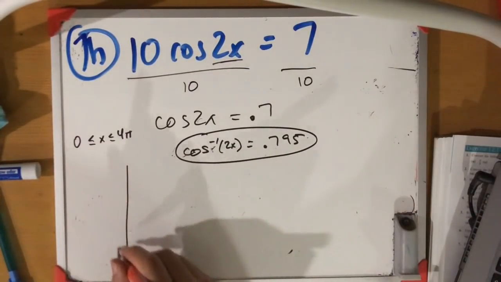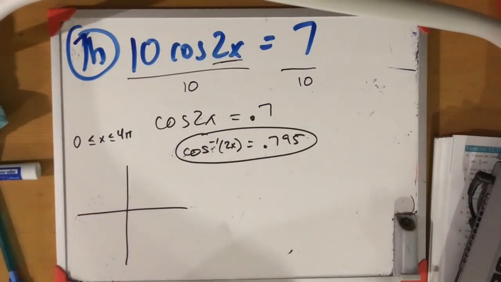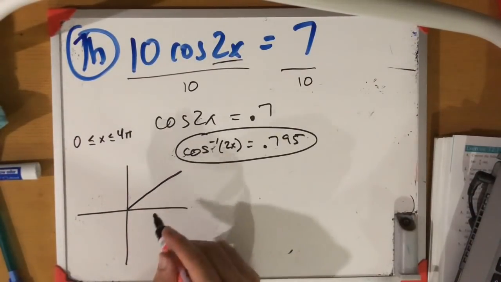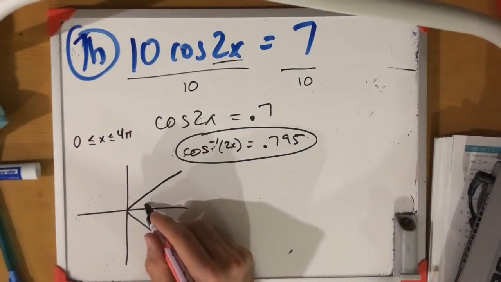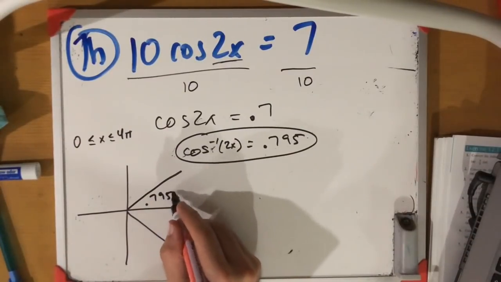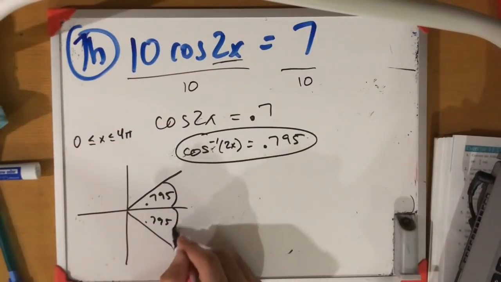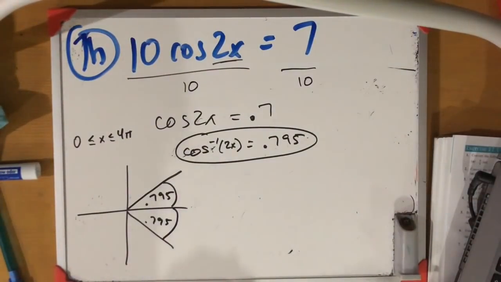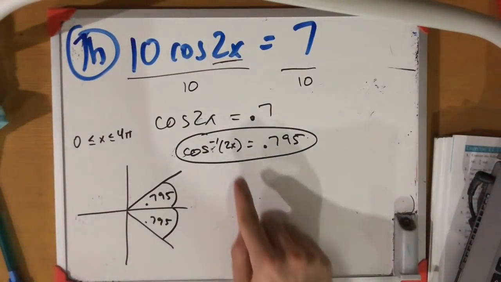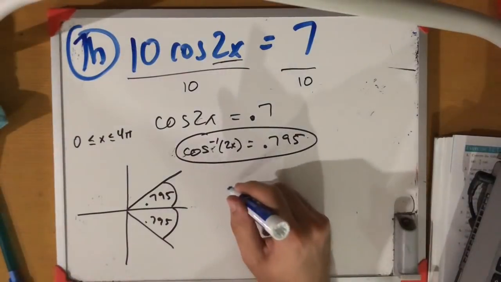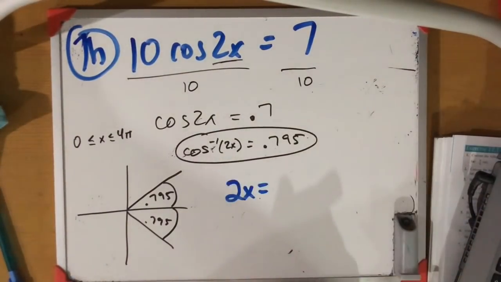So let's go ahead and draw our graph. Add sugar to coffee, so we know it's positive here and positive here. 0.795. Remember, 2x means it goes around the circle twice. So we just have to figure out what 2x is equivalent to.